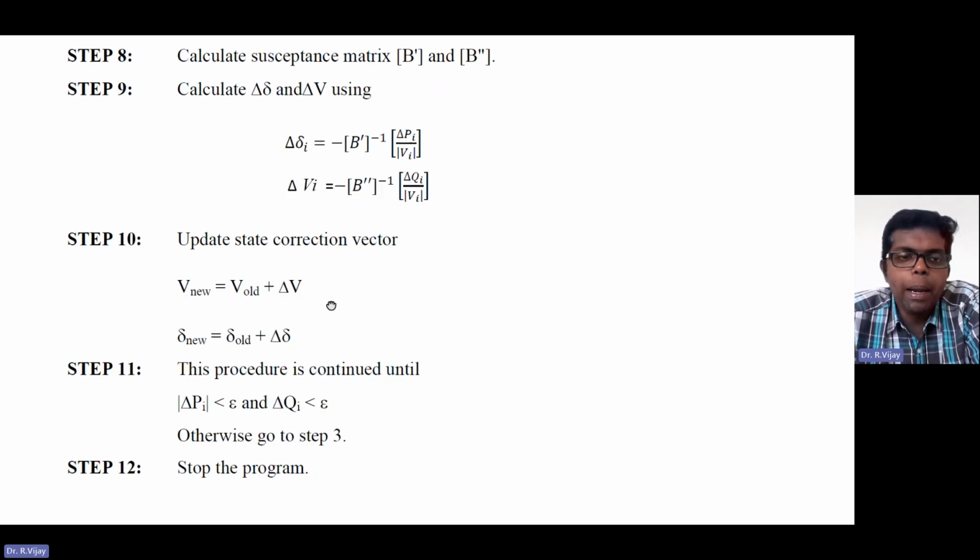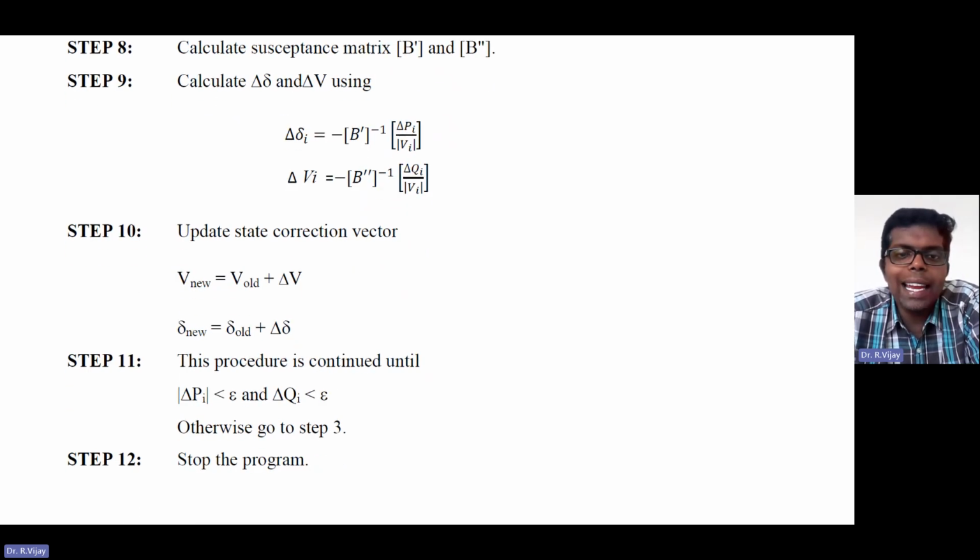Next, step number 10. Update the state correction vector. Similarly, we have seen this in the Newton-Raphson method. What is the formula for calculating the state correction vector? V new is equal to V old plus del V. This del V is nothing but change in the voltage.